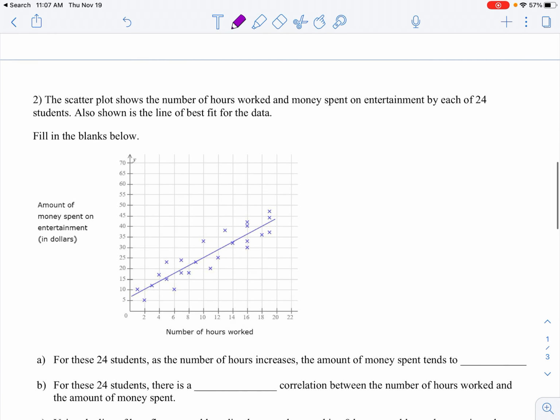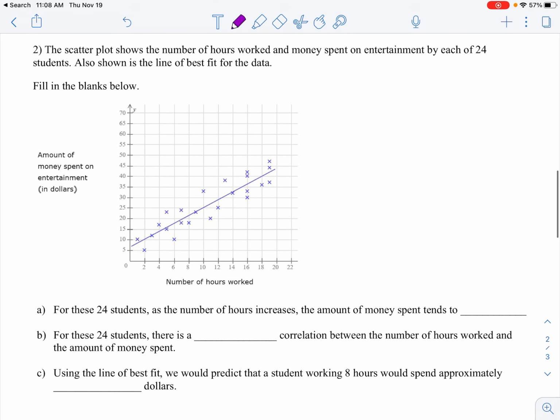And yeah, so let's continue with number 2. It says fill in the blanks below. For these 24 students, as the number of hours increases, the money spent tends to what? These students that work long hours, as hours increase, the amount of money that they can spend would also increase. And that should make sense.